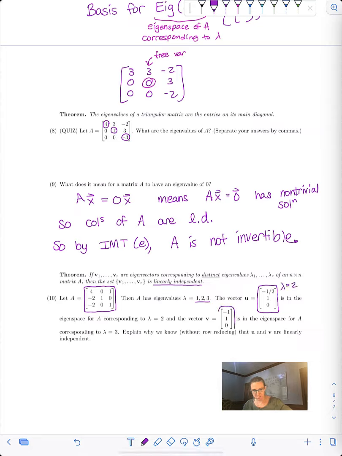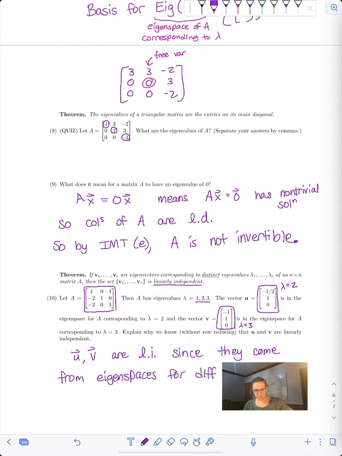And then we also have v, which corresponds to lambda equals 3. And because those correspond to different eigenspaces, they must be linearly independent. So they come from eigenspaces for different eigenvalues. And we'll stop there.